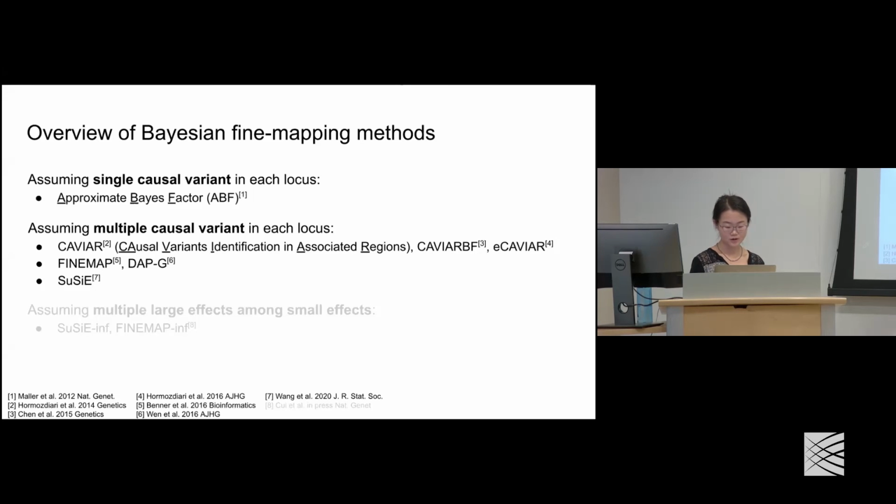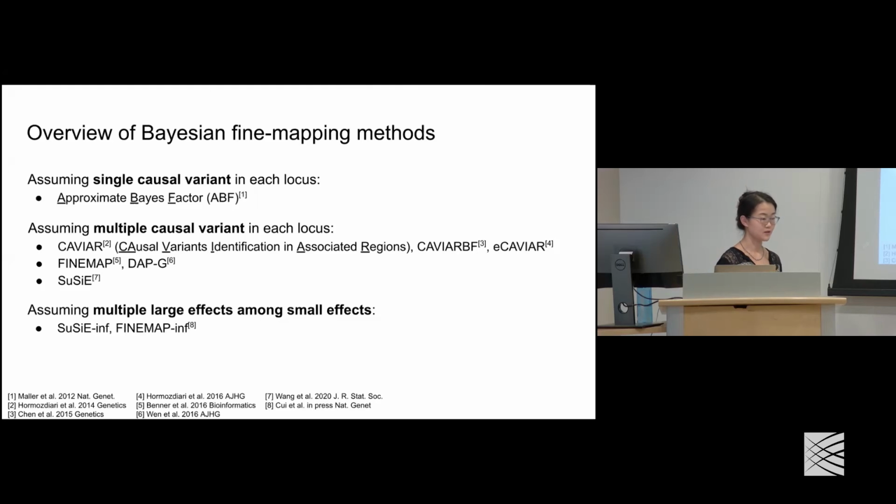Anyway, the last set of methods actually came from our lab. We have realized that with increasing sample size and increasing evidence for polygenicity, you can't really define causal variants the way you define it for the previous methods. The way previous methods define causal is variants with non-zero effect size toward the phenotype.